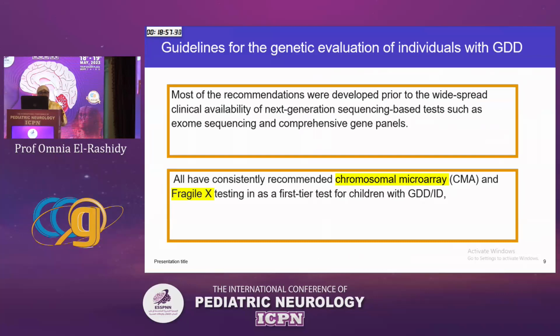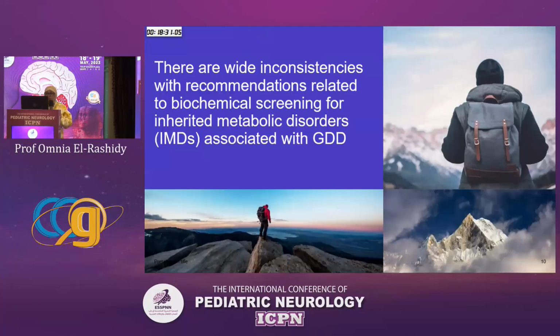The guidelines for genetic evaluation, as I said, were developed prior to the clinical availability of next generation sequencing, the guidelines for investigating global developmental delay. So there are no direct guidelines you can follow. It differs from one country to another. But I recommend, as I say, chromosomal microarray if it is free, and Fragile X and Rett syndrome.